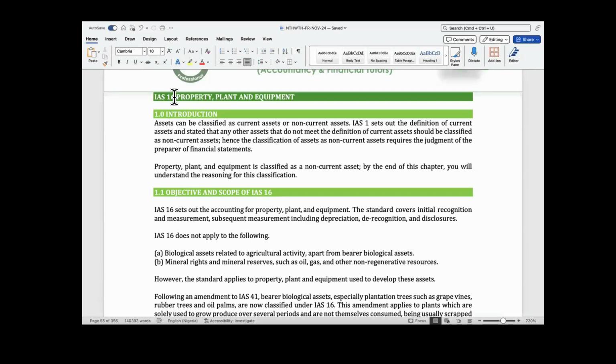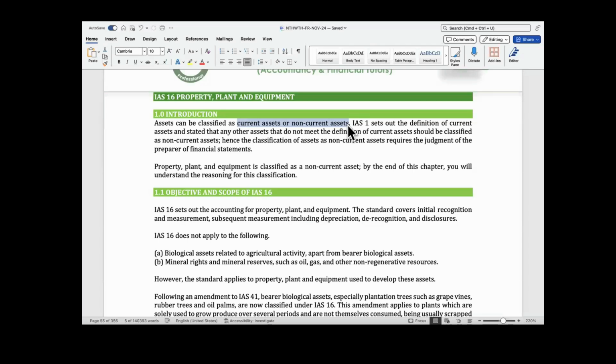Now, when we talk about assets, I told you, according to IAS 1, they can be classified into current assets and non-current assets. IAS 1 gave us the definition of a current asset, and mentioned that any item that does not meet the definition of a current asset will be classified as a non-current asset.